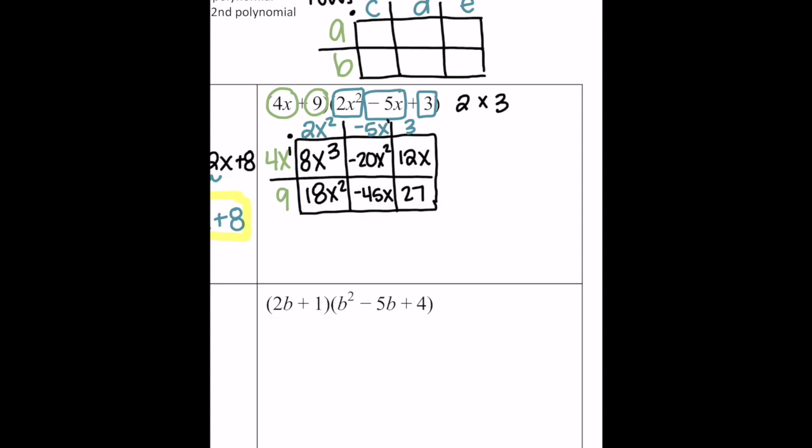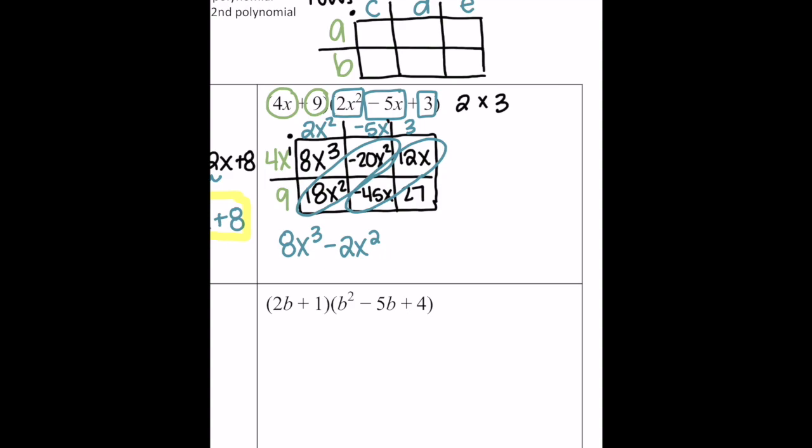Okay, so we are going to actually go ahead and combine those. So we have 8x to the 3rd power. Now we're going to combine 18x squared minus 20x squared, which is negative 2x squared. Okay, then we're going to do the same thing with the plain old x terms.